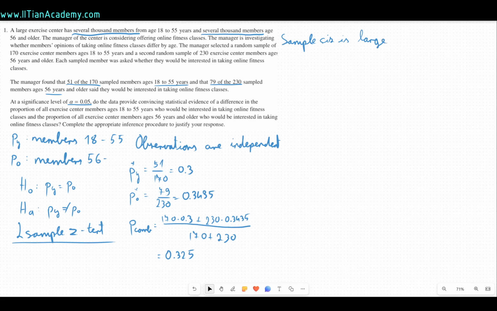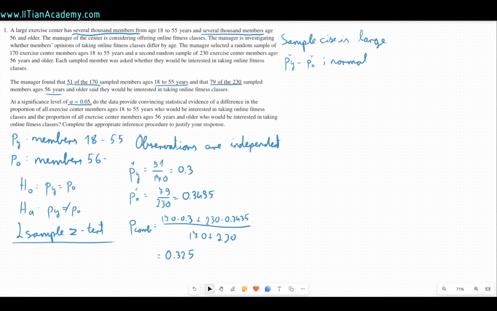So if the sample size is large, then we can assume that if we are sampling this P young minus P old, it's going to be a normal distribution.